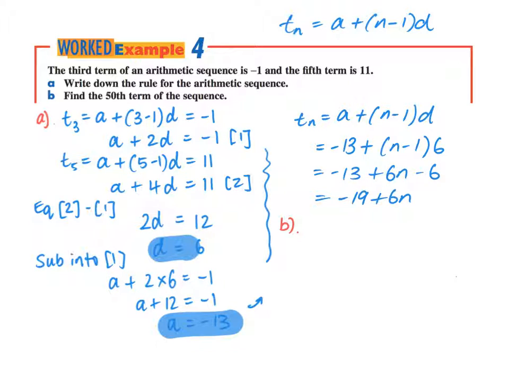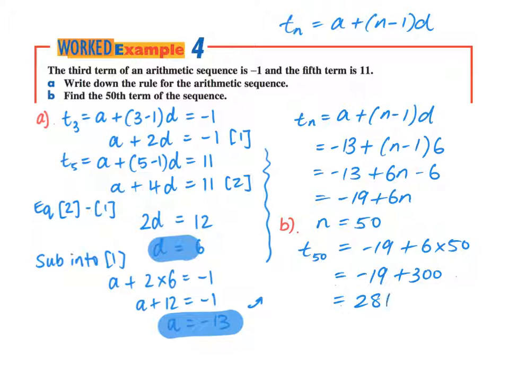Here our n value is 50, and all we do is substitute that into the rule that we have just figured out in the previous part, which is T50, and that's negative 19 plus 6 times 50, which gives us negative 19 plus 300, and that gives us a final solution of 281.